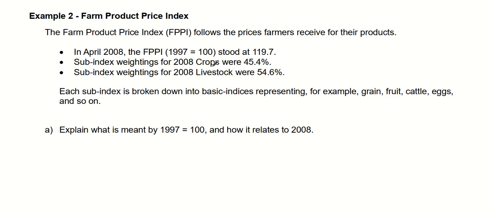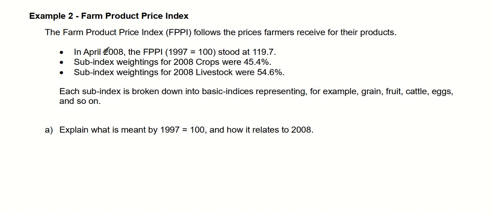Okay, so let's move on to the next problem. Now things get a little bit trickier here because this is somewhat weighted. Let's read the problem. Example 2, Farm Product Price Index. The Farm Product Price Index, which is FPPI, follows the pricing farmers give their product. In April 2008, the FPPI for 1997 is 100. So this is the base. It stood at 119.7. So that's basically a score in a sense.